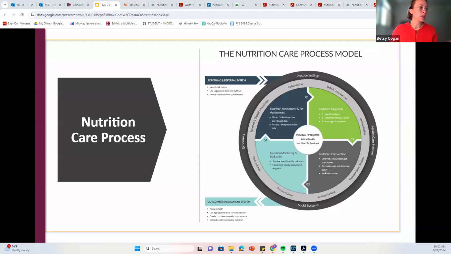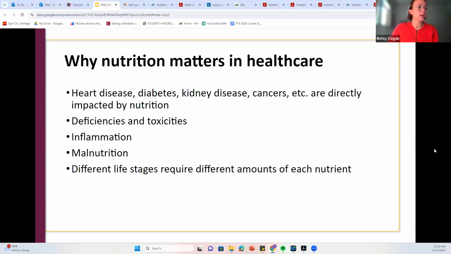So for the nutrition care process, nutrition does matter. We have this framework because we are the nutrition experts on a person-centered healthcare team, where our healthcare systems are relying on dietitians to be experts in the treatment and support of many different diseases.